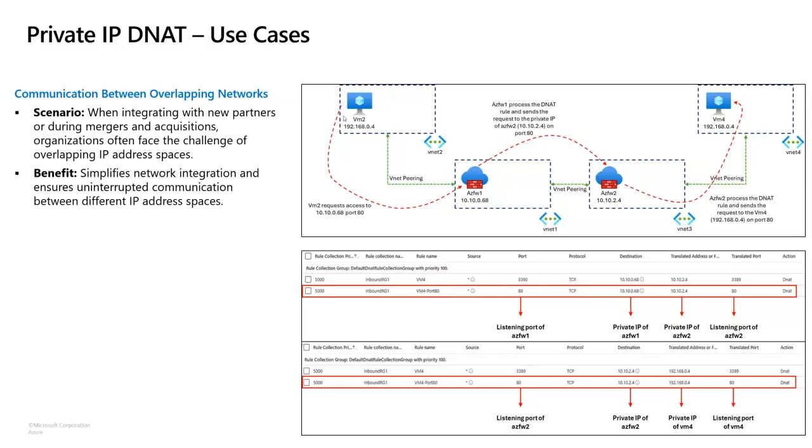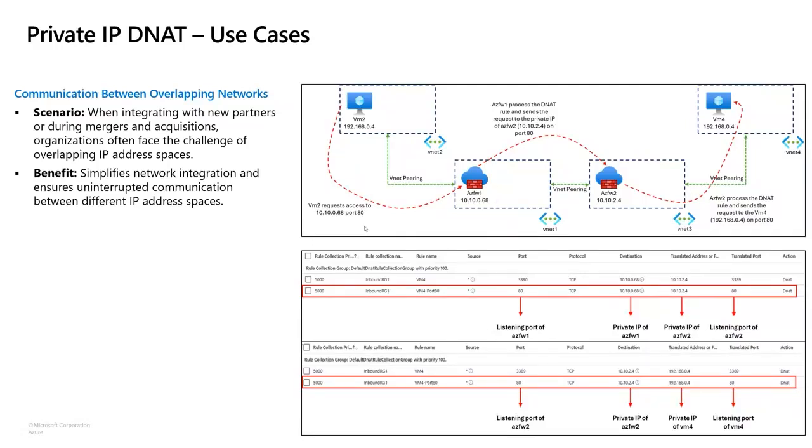VM2, you can see from this red line, which shows the path of the flow, wants to communicate with VM4. But before private IP DNAT came into being, this would have caused a challenge, and the communication would not have been possible. In terms of the flow, VM2 will request access to the first firewall's private IP address, 10.10.0.68.